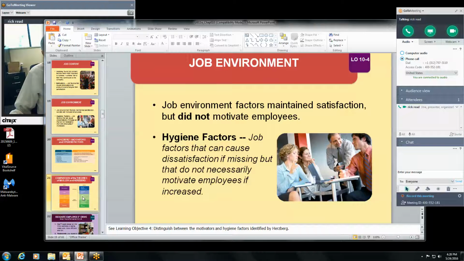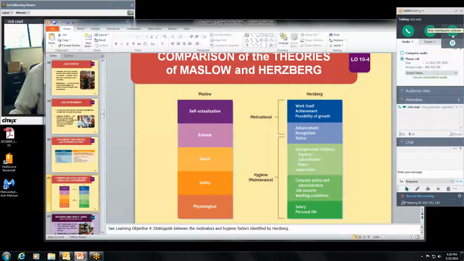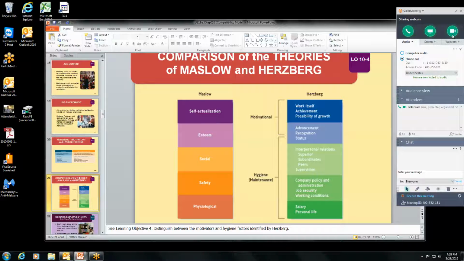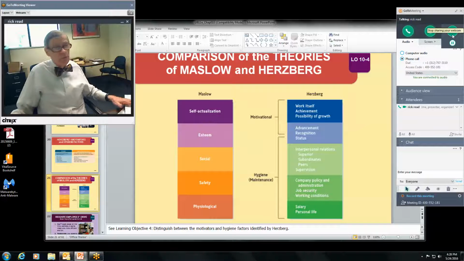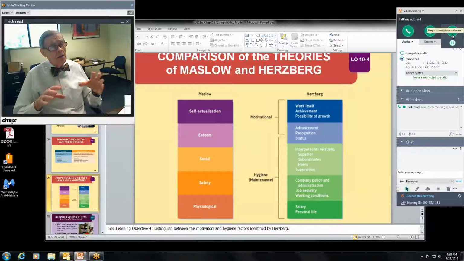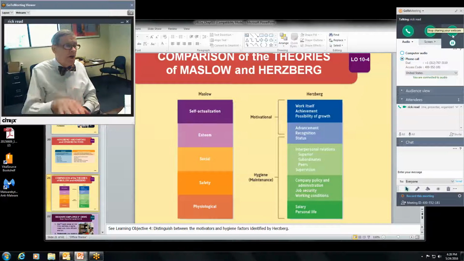Now, this next slide we're going to look at, you can find in your text on page 276, figure 10.2, pardon me. And it shows how Maslow's hierarchy of needs corresponds to Hertzberg's. And you notice that we have hygiene factors, which are more or less the bottom three with Maslow.